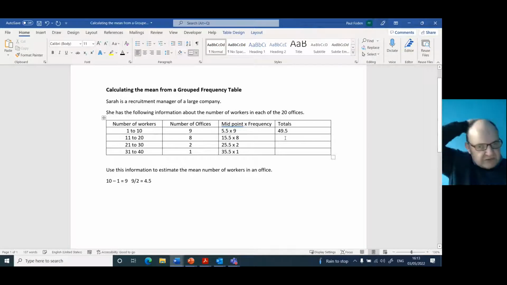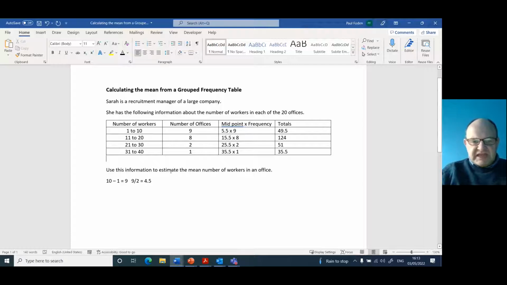On our next line down, we've got 15.5 times 8, which is 124. The next one, 25.5 times 2, which equals 51. And finally, we've got 35.5 times 1, which comes to 35.5.